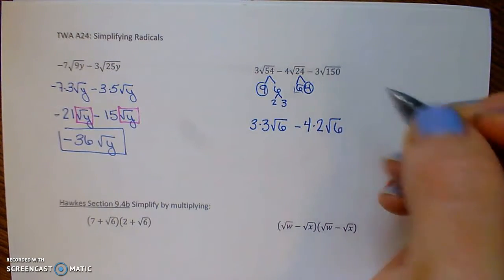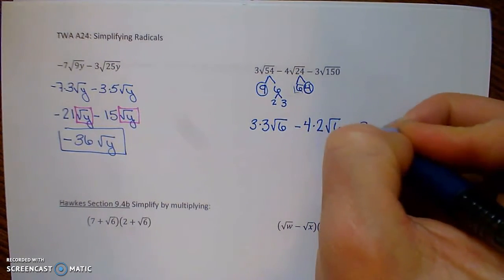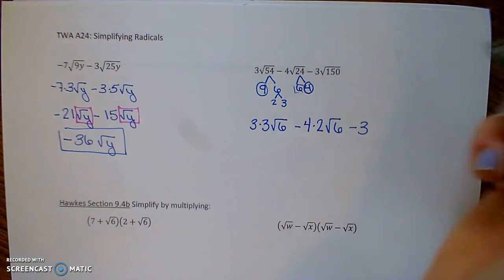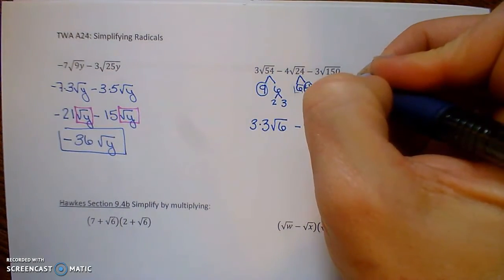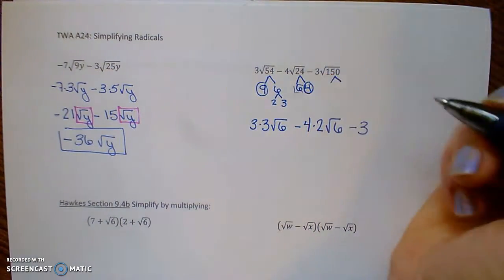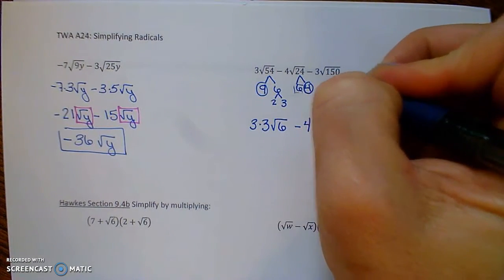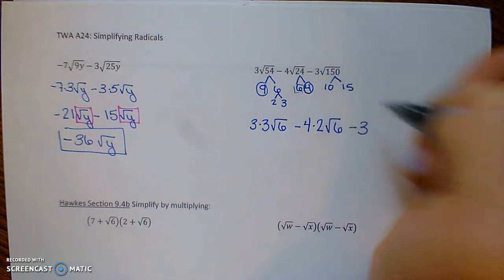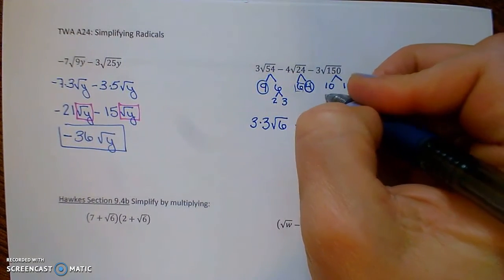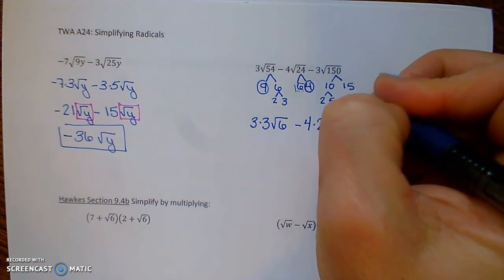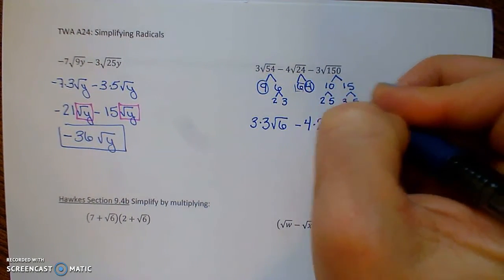Let's move to the next term. Minus 3. I'll let that kind of go along for the ride. And 150, see, that can be simplified as 10 times 15. And let's see, 10 is 2 times 5. 15 is 3 times 5.